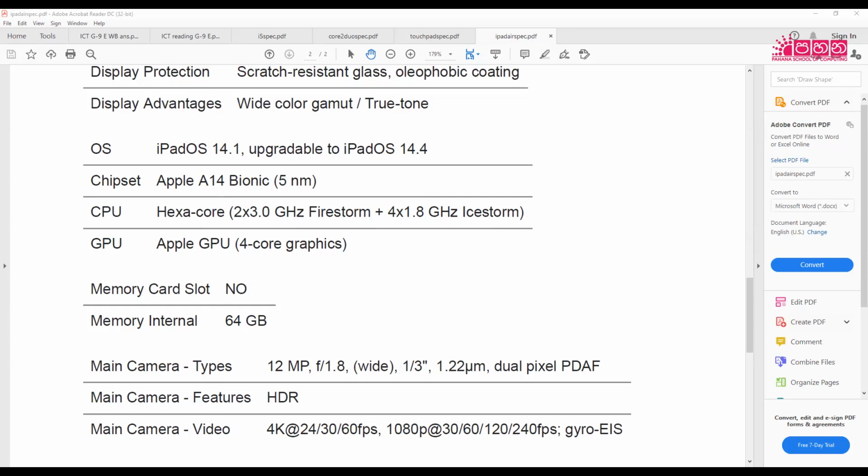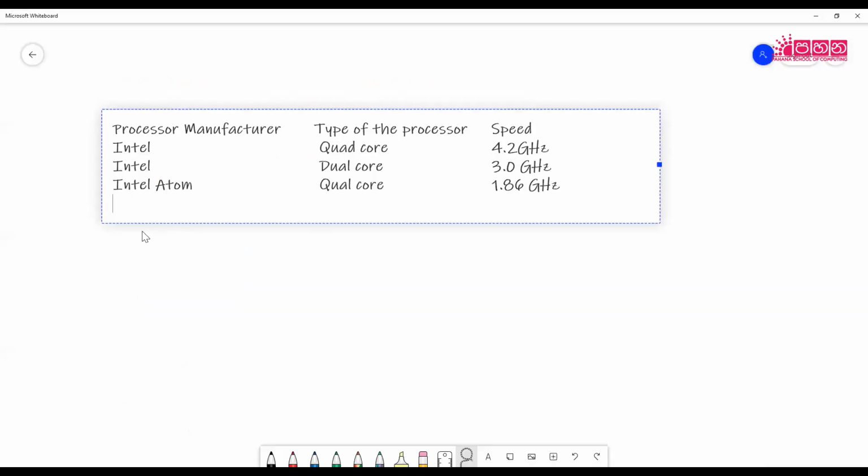Right. So let's take down the details. The last one that we have discussed: the processor is an Apple processor, and this is hexa-core. You have 6 cores.